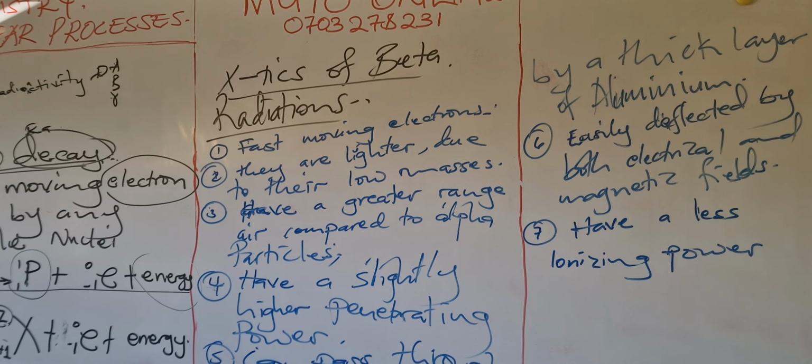We saw the alpha particles had a higher ionizing power or ionization energy, but these ones ionize to a less extent. We are looking at the different characteristics of beta particles. There are more others, but we shall mention a few on which we can start to build our own work.